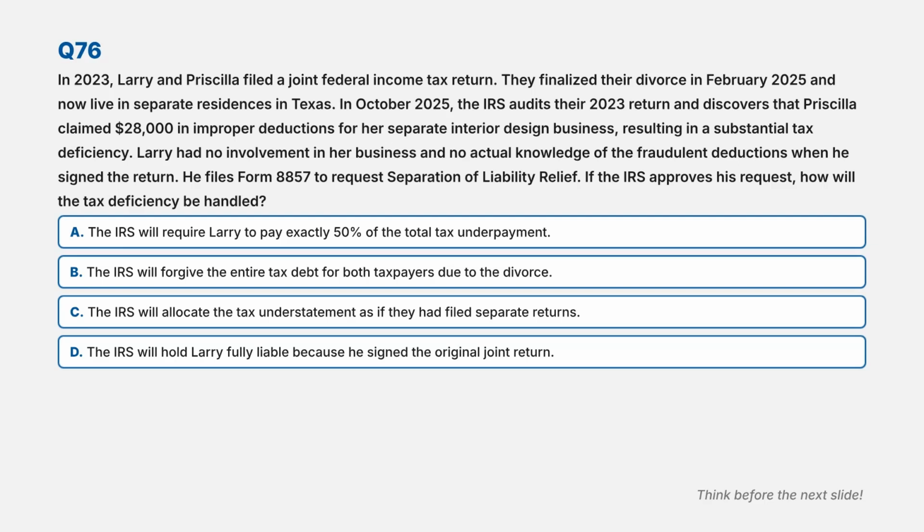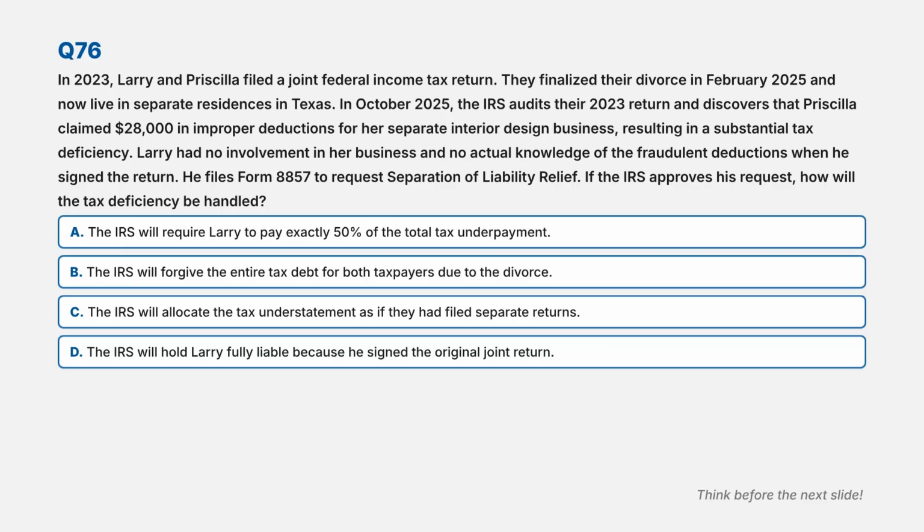In October 2025, the IRS audits their 2023 return and discovers that Priscilla claimed $28,000 in improper deductions for her separate interior design business, resulting in a substantial tax deficiency. Larry had no involvement in her business and no actual knowledge of the fraudulent deductions when he signed the return. He files Form 8857 to request separation of liability relief. If the IRS approves his request, how will the tax deficiency be handled?